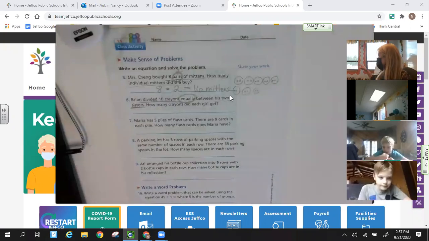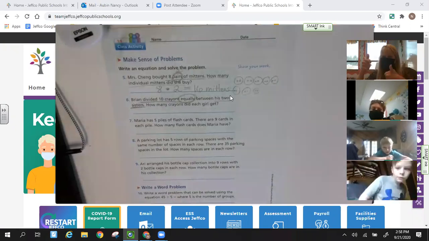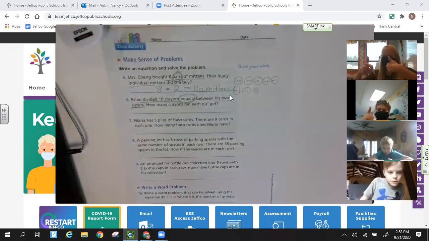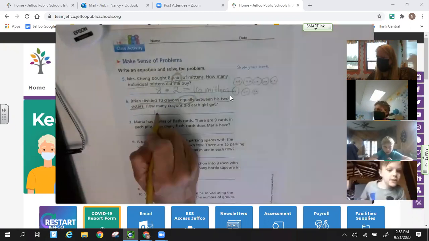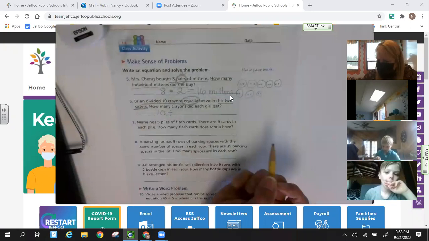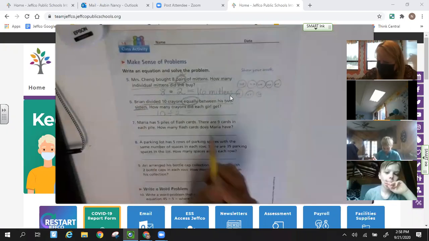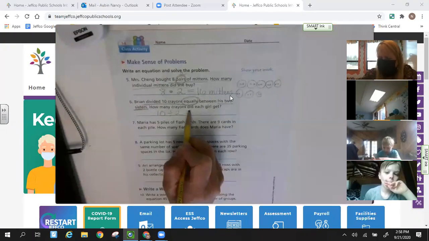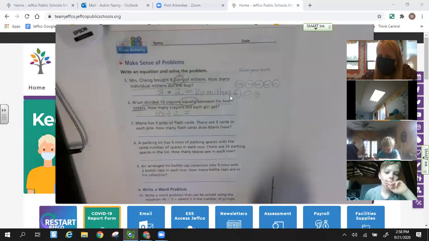What, Max? What is it? Division than multiplication. If you got that too, give me a thumbs up. So if we know there's 10 crayons and we're dividing them by how many sisters? There's 2. You can use multiplication to help you with this.